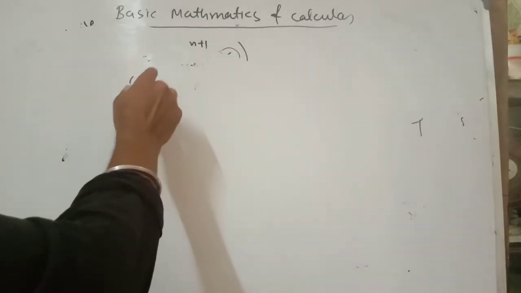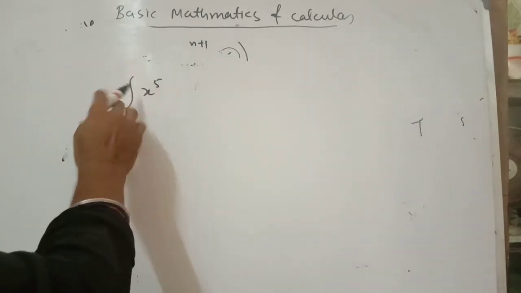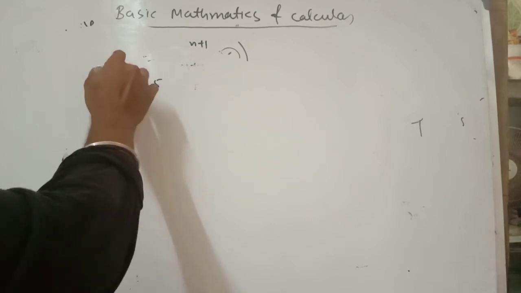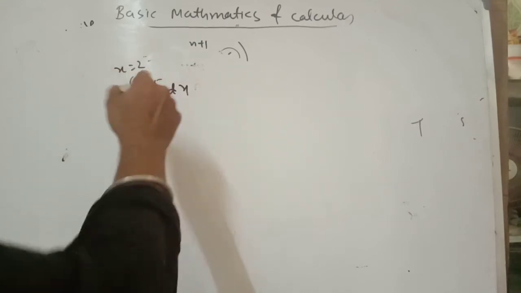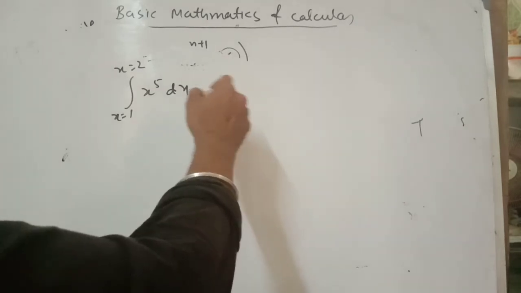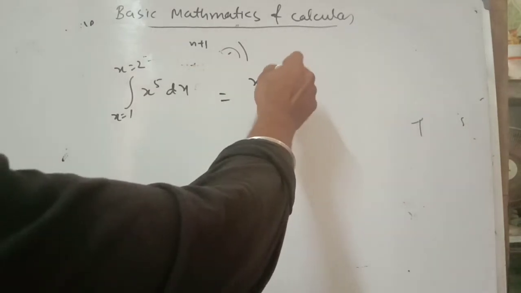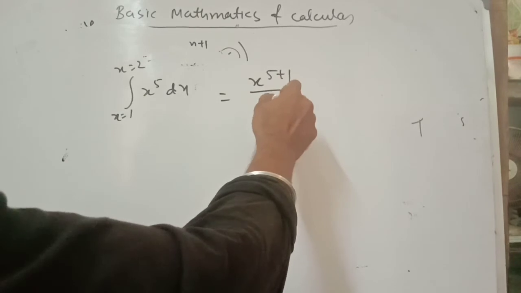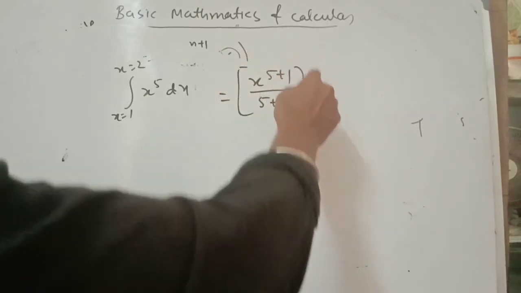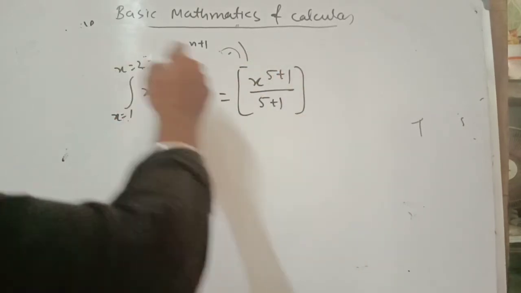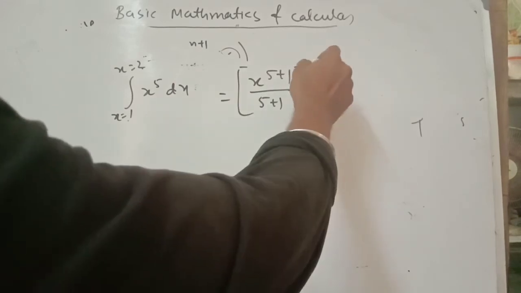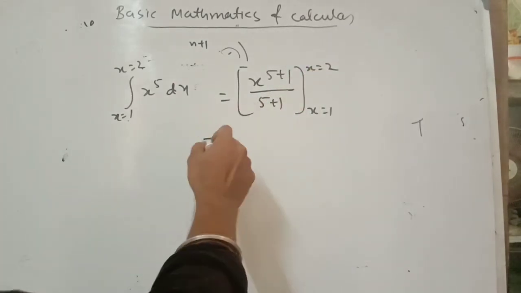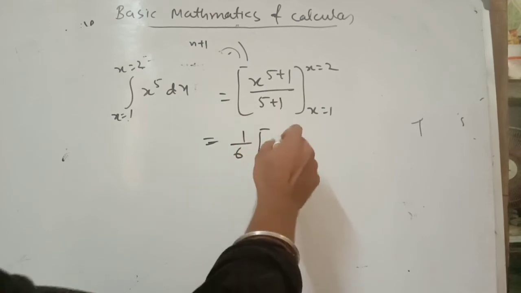Let the function be x to the power 5, with lower range x equal to 1 and upper range x equal to 2. How do we find the integration? Just apply the formula: x to the power 5 plus 1 divided by 5 plus 1, so the power is added with 1. Here x is equal to 1 and x is equal to 2. 1 by 6 is a constant, so it comes out, leaving x to the power 6.